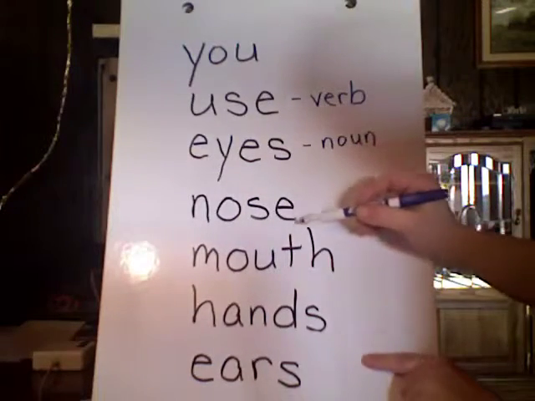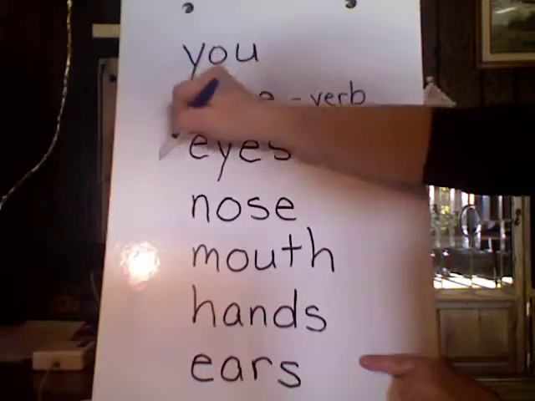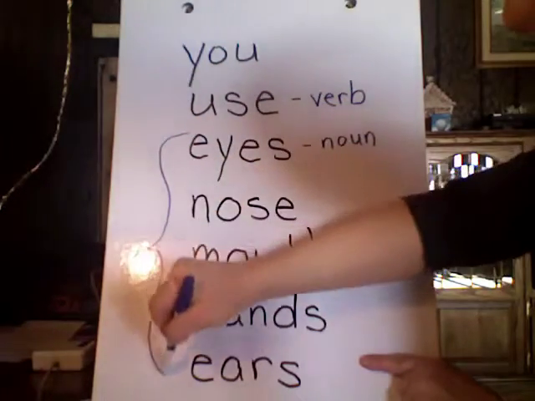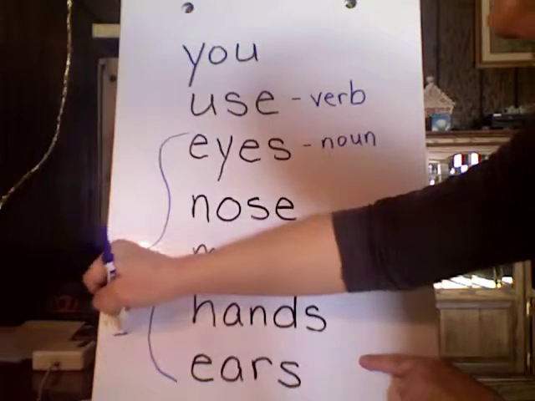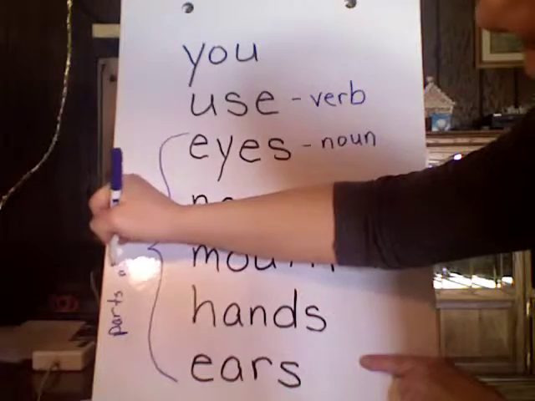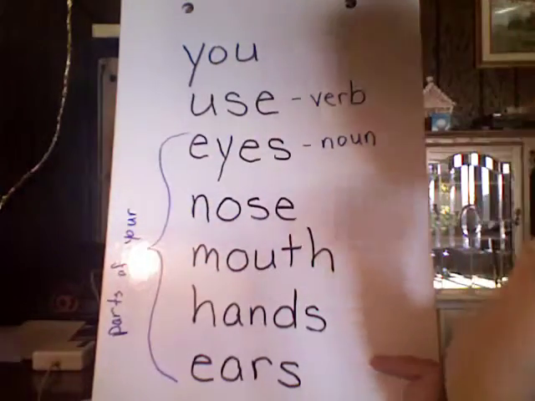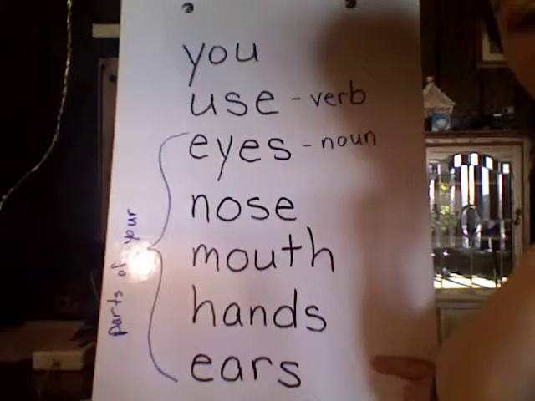Your eyes, nose, mouth, hands, and ears are all parts of your... What do they have in common? That's right.